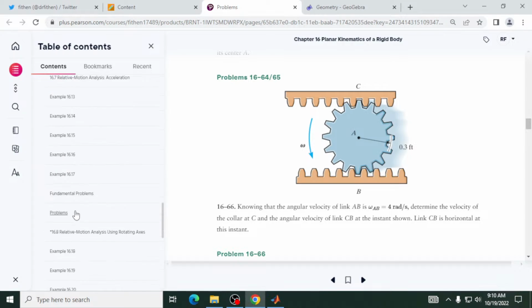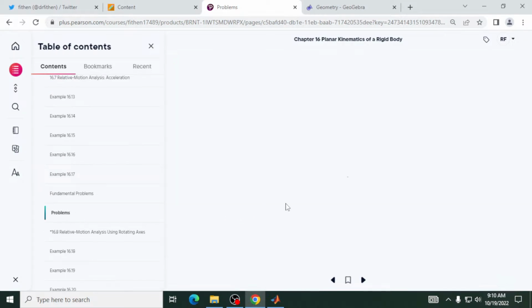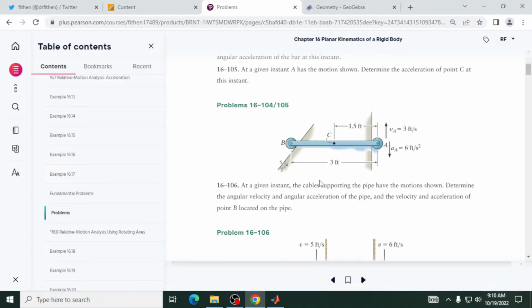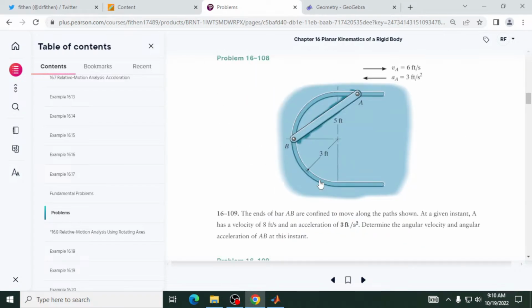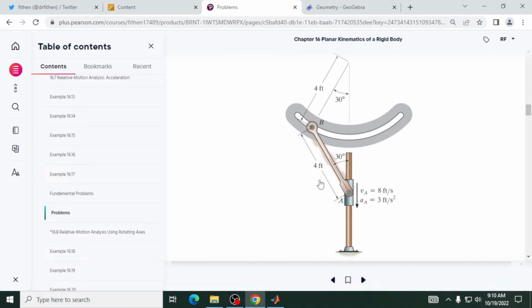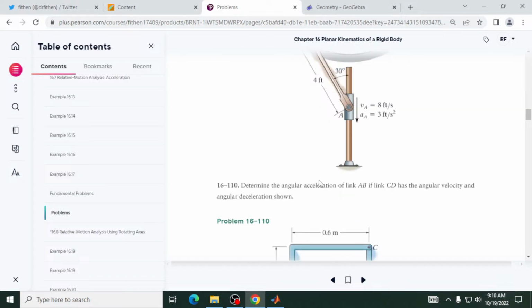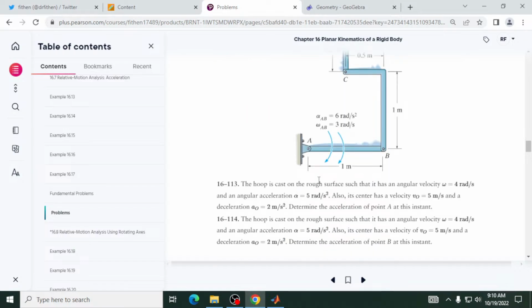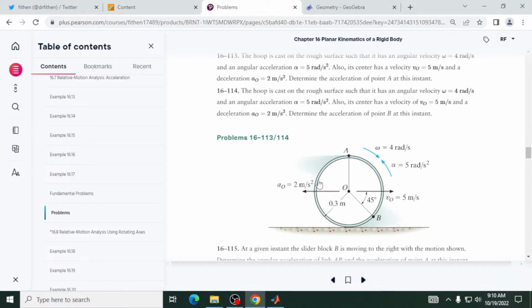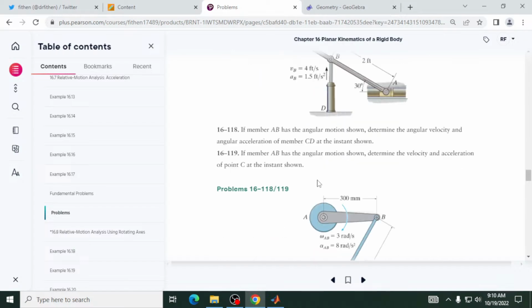So in order to do this, I'm just going to go straight to a problem. And I want to try to find one that looks interesting, maybe has a... That's okay. Maybe I'll do that one, unless I find one that visually looks better. That one looked okay.